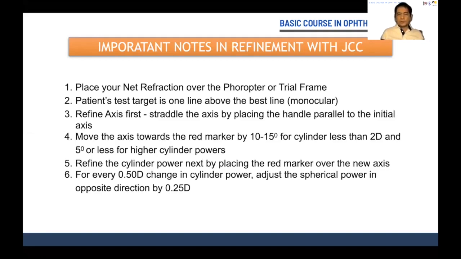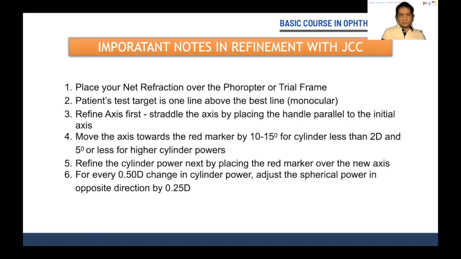Number four is move the axis towards the red marker because we are using a minus cylinder form. So you adjust by 10 to 15 degrees for cylinder less than 2 diopter, while for higher cylinder powers, the movement is only about 5 degrees.